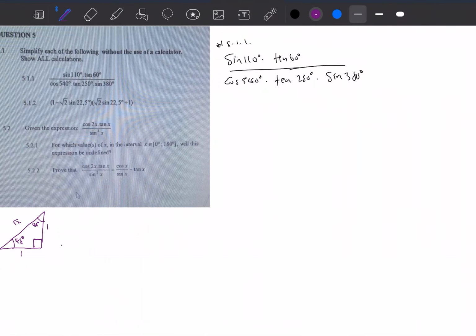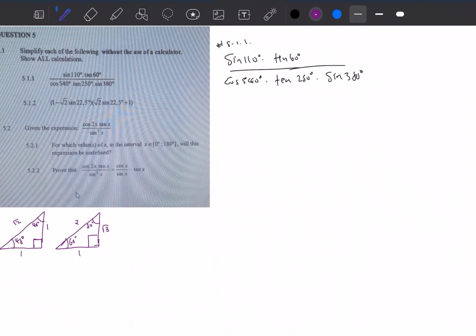And if also you have a right angle triangle and the sum of the angles within a triangle equate to 180 degrees, and let's say this is 60 degrees, therefore there will be 30 degrees. Now if this is the case, this will be square root of 3, this is going to be 2, this is going to be 1.